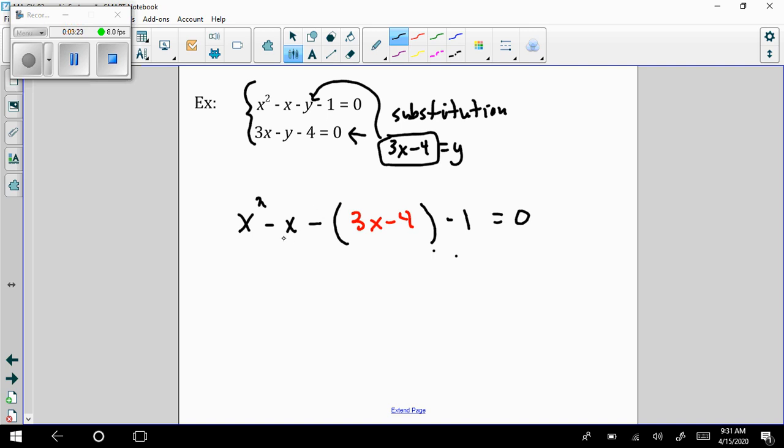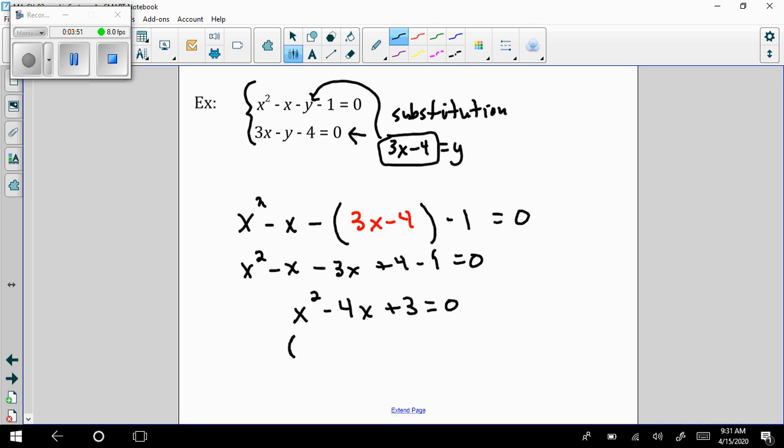Okay, so now I need to distribute my negative sign. So I get x squared minus x minus 3x plus 4 minus 1 equals 0. It looks like I'm going to be solving a quadratic. So I have x squared. If I put my like terms together, I have minus 4x plus 3 equals 0.